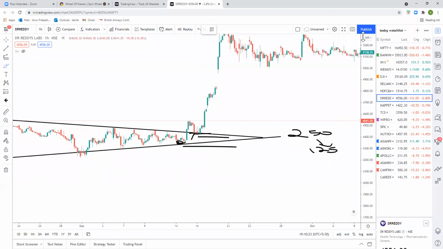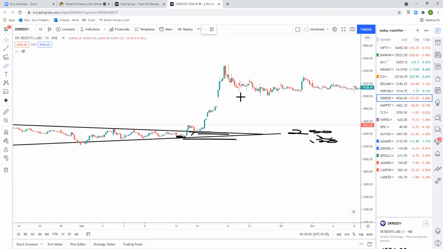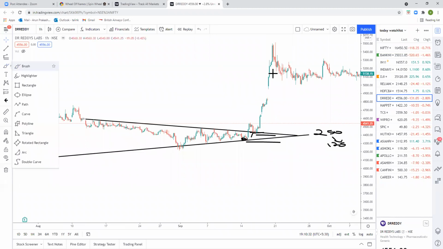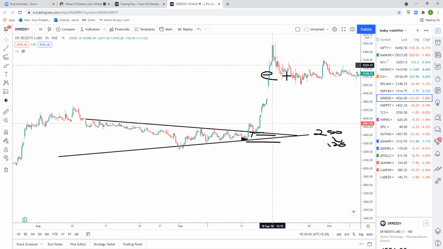Frankly, I didn't hold on to this entire move. I exited somewhere around here. I missed out on another 6%. This was more than enough for me, so I just booked my profits.